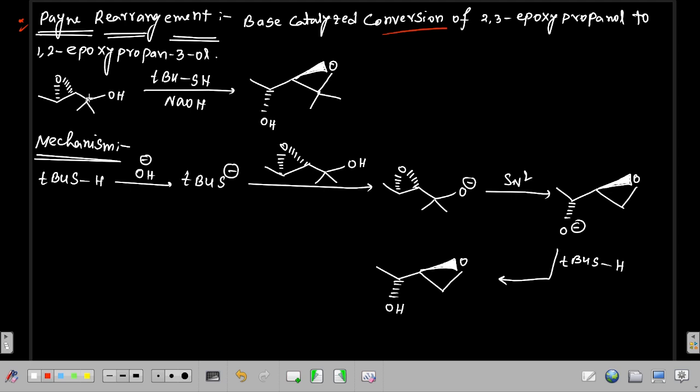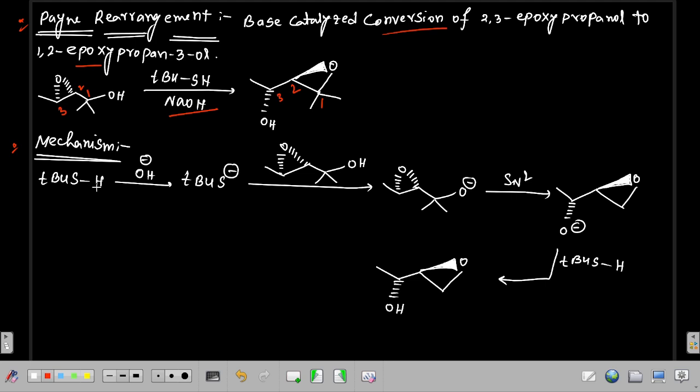If we do numbering from here, 1, 2, 3, that's why this is 2,3 epoxy alcohol, to the 1,2 epoxy, 3-ol, propane-3-ol, in presence of base. So now we will see the mechanism of this reaction.